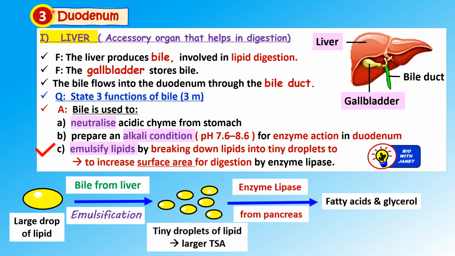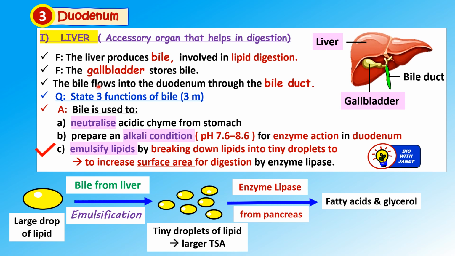Now, number 3, digestion in the duodenum. First, we're going to talk about the accessory organs that are not part of the digestive tract. They are not involved directly in the digestive tract, but they help in the process of digestion. So these are the accessory organs. The first one is the liver, and then you have the gallbladder and also the pancreas.